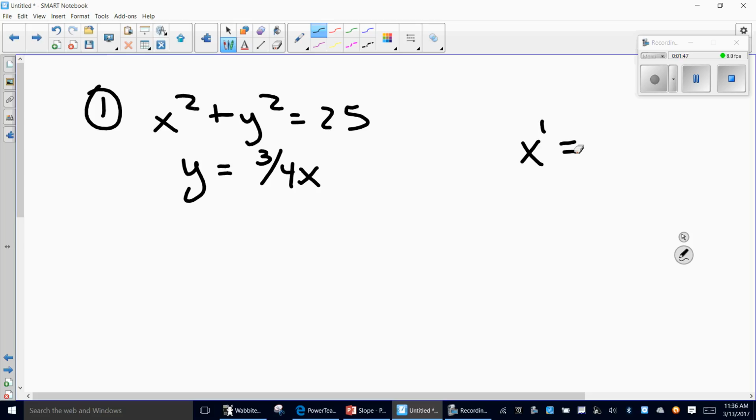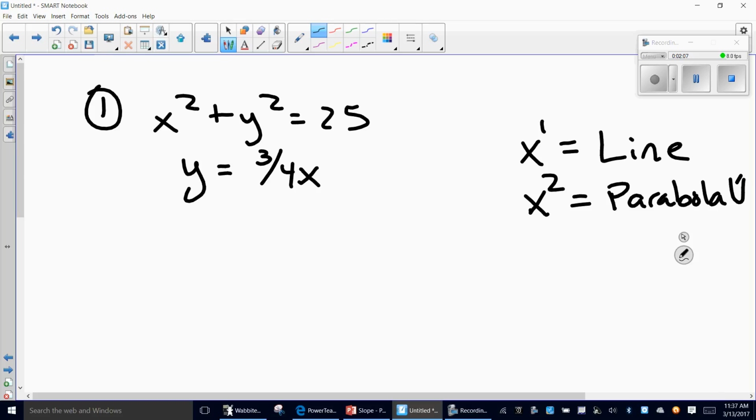It's linear. What shape will it be? A line. Linear is a line. Okay, it's a Monday, right? If we have an x squared, then that is quadratic, and we are looking at a parabola, a U or an N.